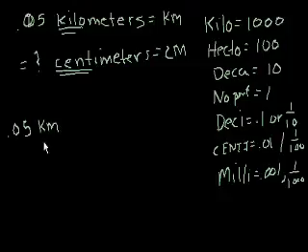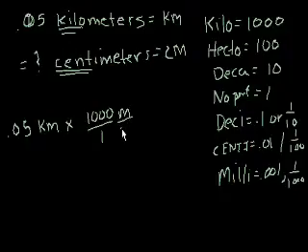If I want to convert this into meters, is it going to be more than 0.05 meters or less than 0.05 meters? A kilometer is a very large distance, so in terms of meters, it's going to be a much bigger number. So we can multiply this times 1,000 meters over 1 kilometer.